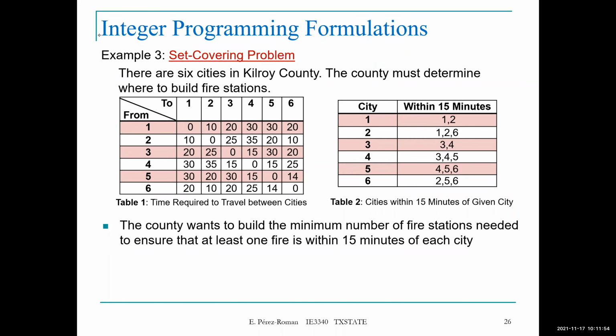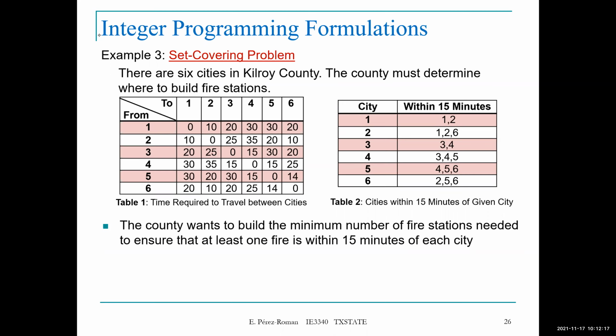So, 6 cities, and from 1 to 1 there's no time, right? You're already in 1, so there's no time traveling there. But if you go from 1 to 2, it takes you 10 time units, let's say 10 minutes. From 1 to 3, if you have your station located in 1, it's going to take you 20 minutes to get to 3.